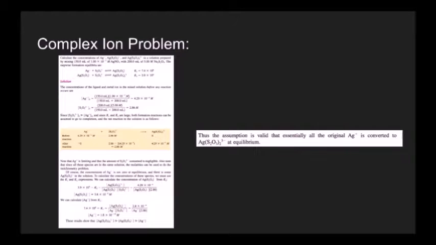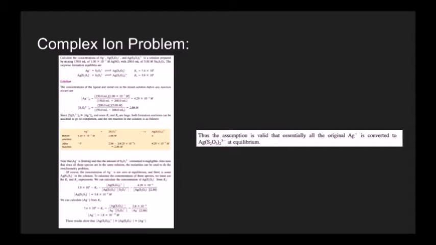So the solution to this is you find the initial concentrations of Ag+ and S2O3 2-. Seeing that both of these are really large, that S2O3 2- is in both equations, and that the K values are large, we can see that both formation reactions can be assumed to go to completion. And so according to the ICE box below, you can see that Ag+ acts as a limiting reactant and S2O3 2- is in excess. Therefore, x is negligible for S2O3 2-.